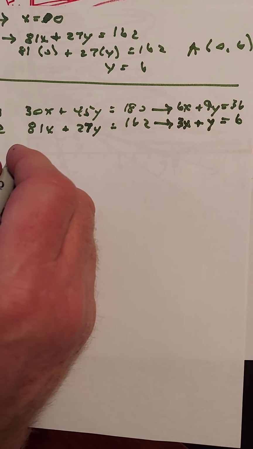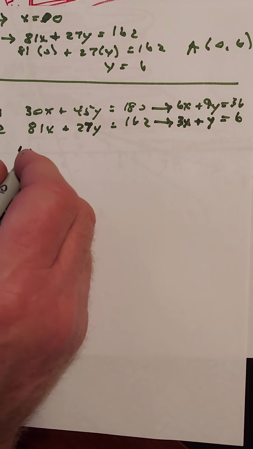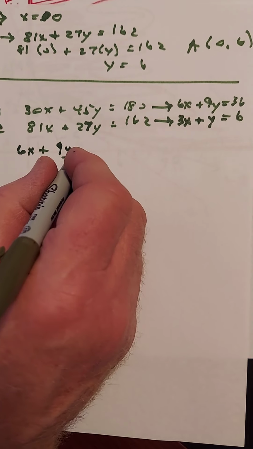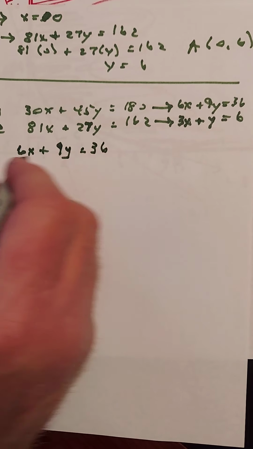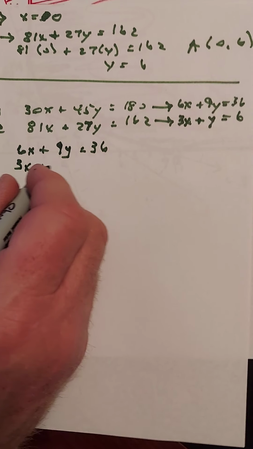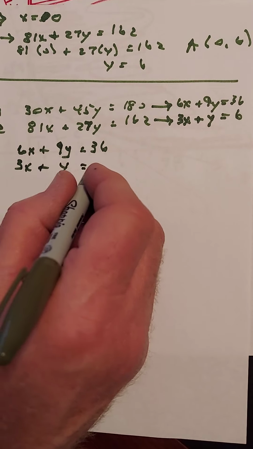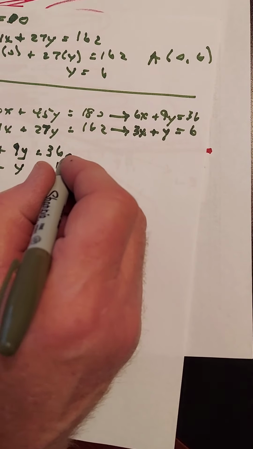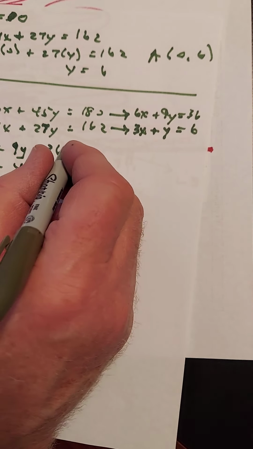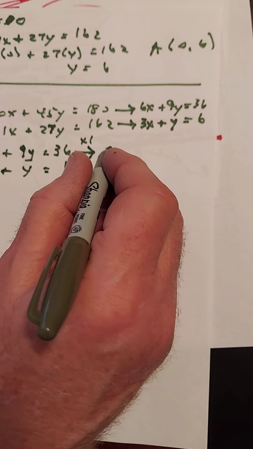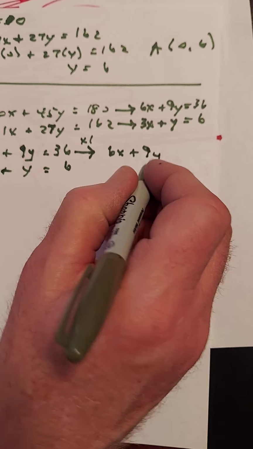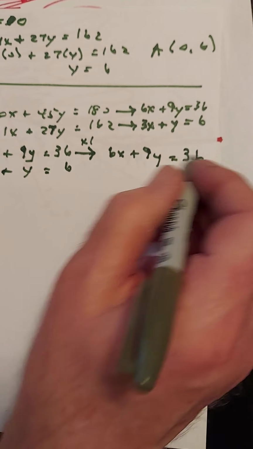Okay, so let's do a little linear combination. I'm just copying again. I keep running out of room. So how about we multiply the bottom by 2? We'll keep the top the same. So that's simply going to be 6x plus 9y equals 36.